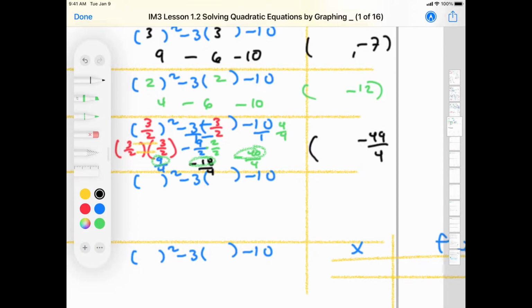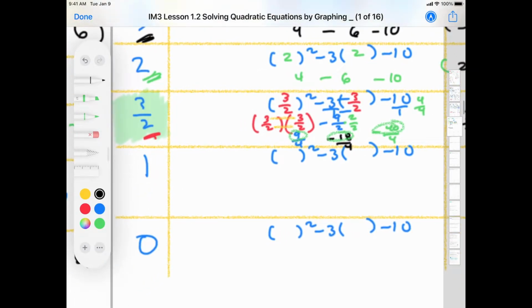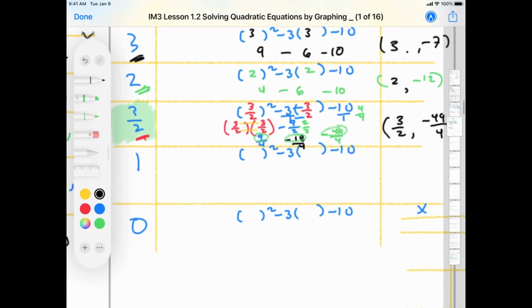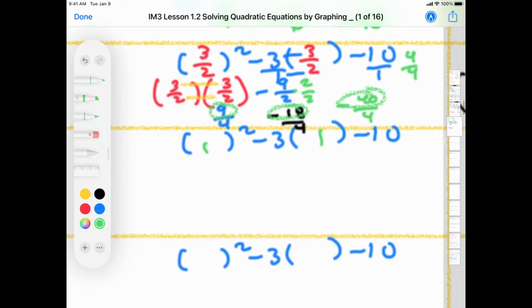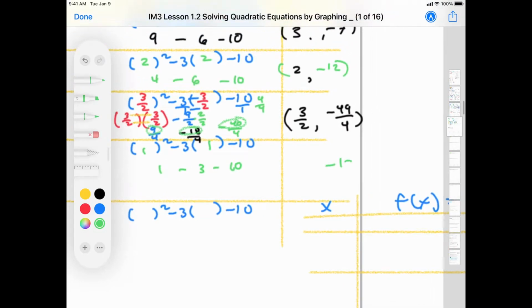And what do we put in there? 3 halves. Last problem we put in a 2, and that one was a 3. Okay, what do we got here? We got a 1. 1 squared is 1 minus 3 minus 10. -2 minus 10 is -12.